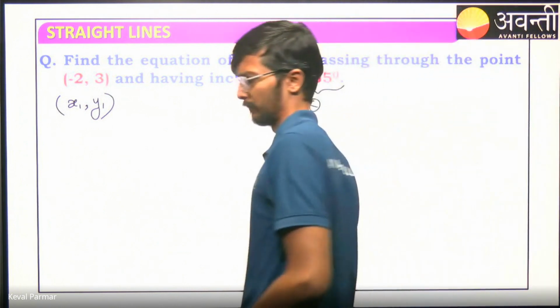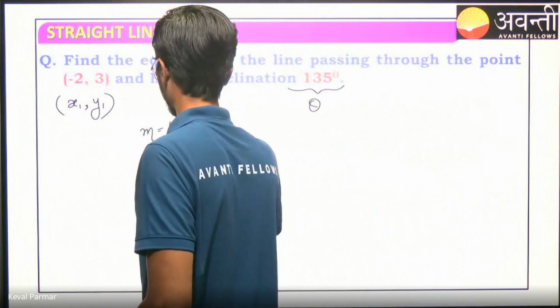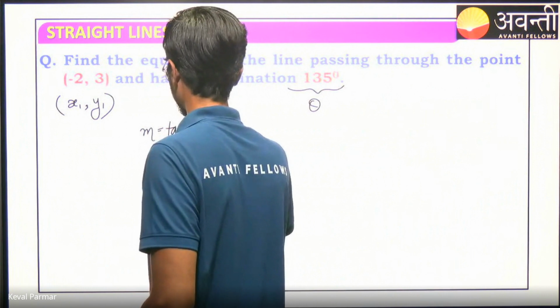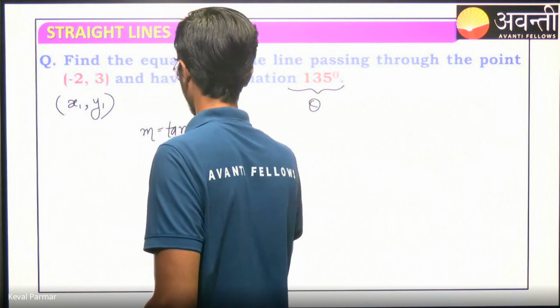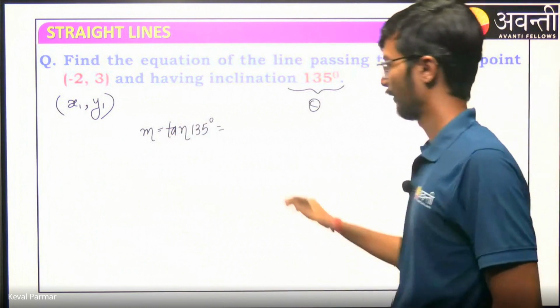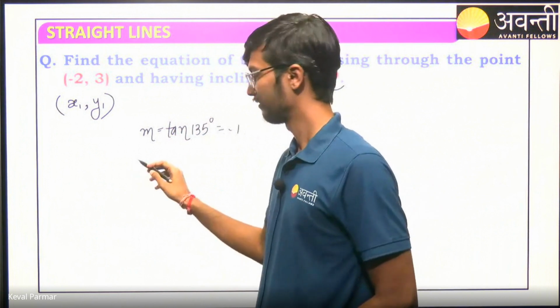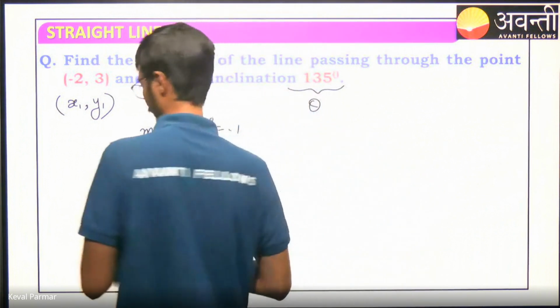No one. Slope will be tan theta, that means tan 135 degrees. What is tan 135 degrees? It is minus 1. So I got the slope, I got the point. What is the equation we have?